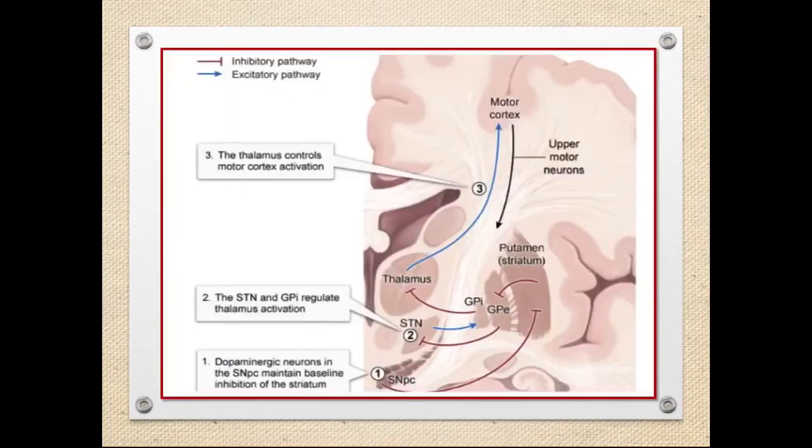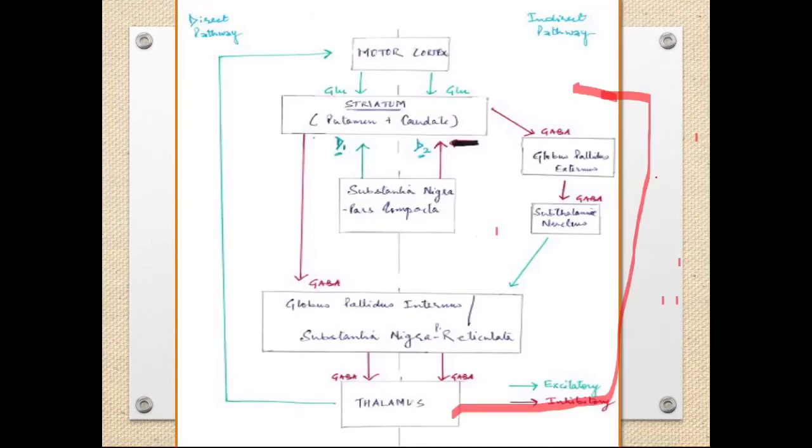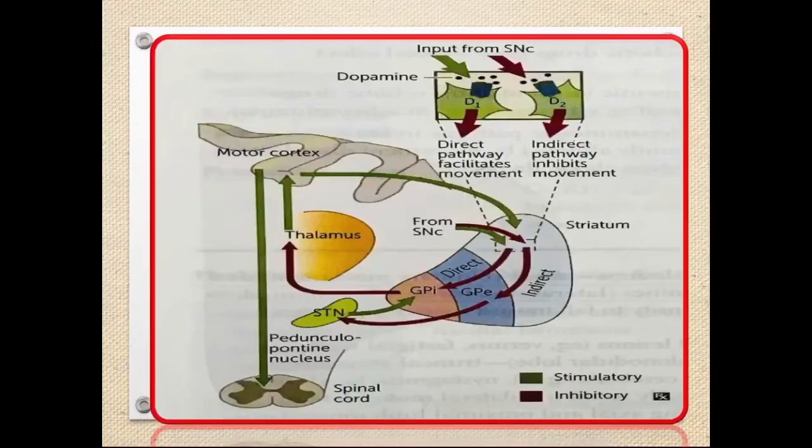Like say in this simplified version of the diagram I have written two things, globus pallidus internus and substantia nigra pars reticulata. So these two are inhibitory, right, and excitatory is from the motor cortex to the striatum, and thalamus also sends few of the connections to the striatum, that is very minor, so I haven't shown that in this diagram, right. Okay.